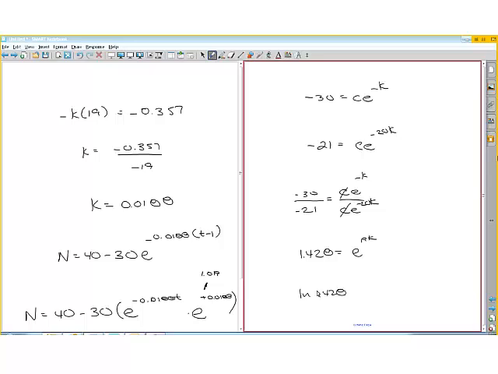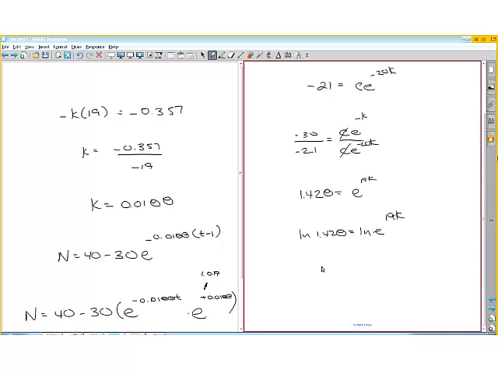Natural log of 1.428 is equal to the natural log of e to the 19K. So you get 19K from this side. The natural log of 1.428 is 0.356, and you divide that by 19, and you get 0.0188, which is exactly what I got. It's just a slightly different way of coming to the same solution.